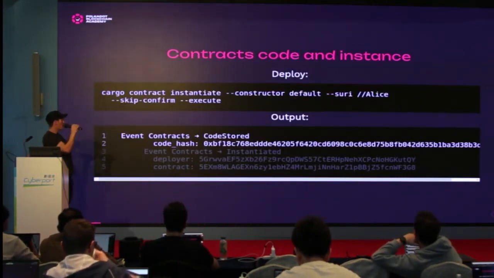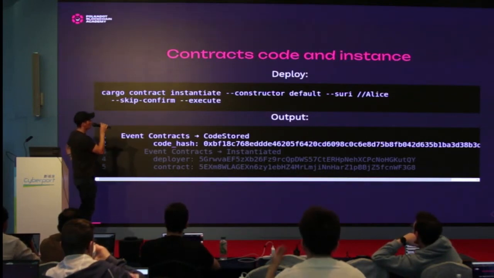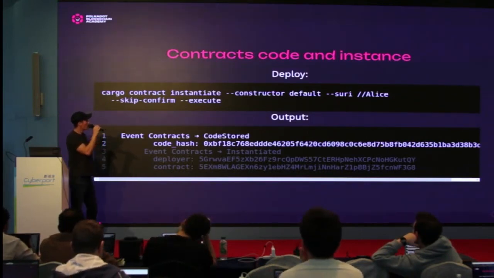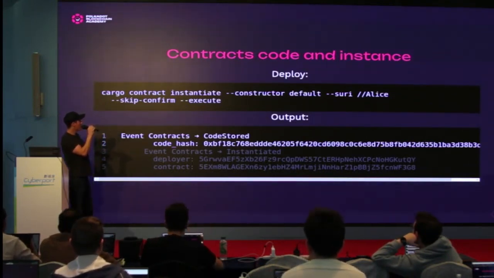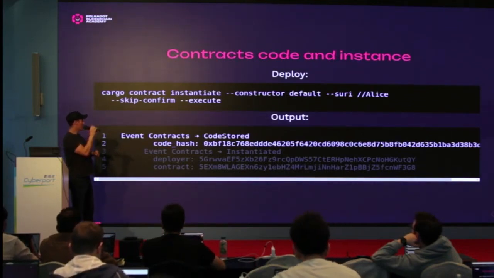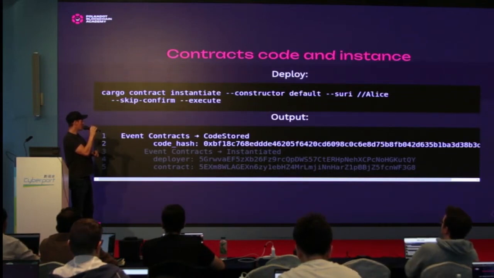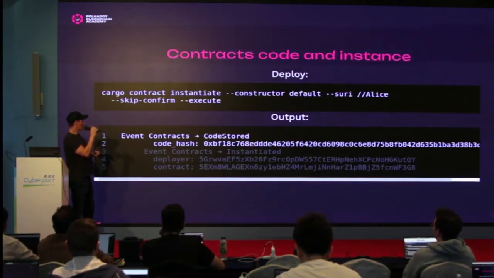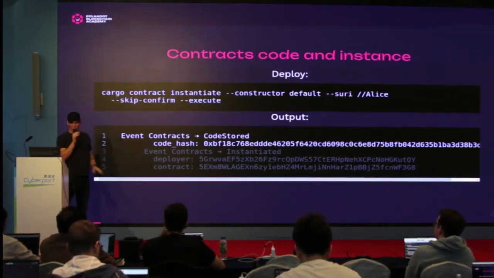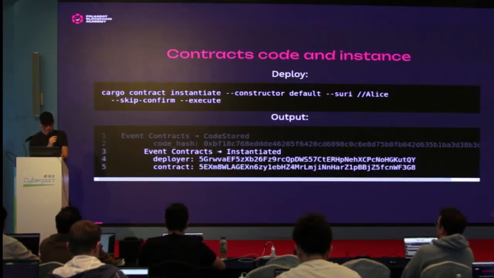So here's how you would use cargo contract to instantiate the flipper that we've just seen before. And here's an interesting song and dance, might I say. So we're seeing two events, right?